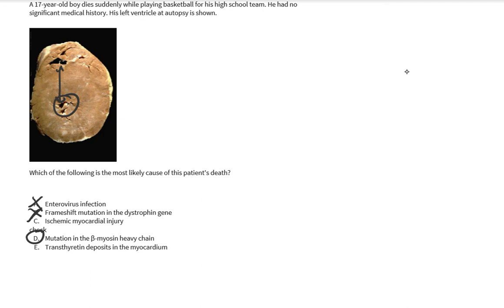You would see things like difficulty walking, Gower's sign, and calf pseudohypertrophy, and it would be unusual for this patient to have no medical history as well as a muscular dystrophy. Ischemic myocardial disease is often seen in patients with chronic atherosclerosis and wouldn't really be consistent with no significant prior medical history. The last, transthyretin deposits in the myocardium, is referring to amyloidosis, and the patient is typically too young to have these amyloid plaques build up.